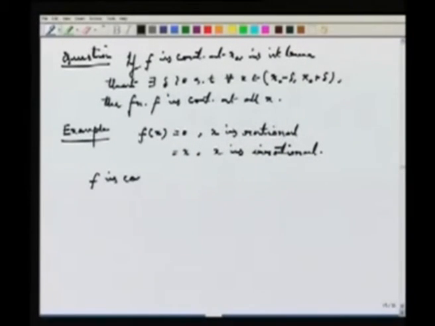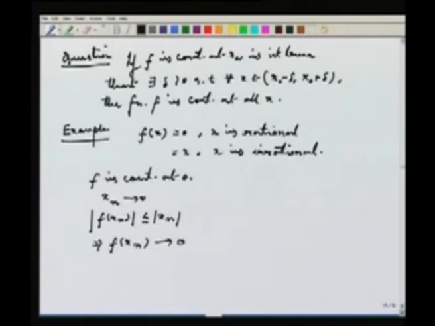I say f is continuous at 0. How? Well, I choose a sequence xn which converges to 0, and notice that the absolute value of f of xn is always less than or equal to mod of xn. This implies f of xn converges to 0. But this is nothing but f of 0.